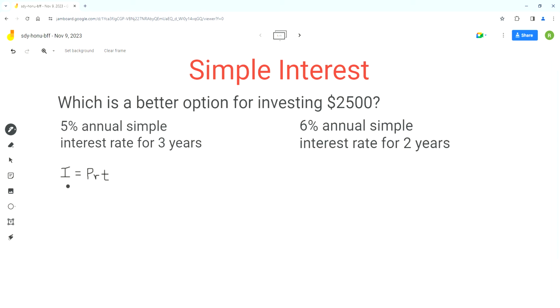In this formula, I represents the interest amount, and P is the principal amount, or the amount we are investing. In this case, $2,500 are being invested, so the P value is 2,500.